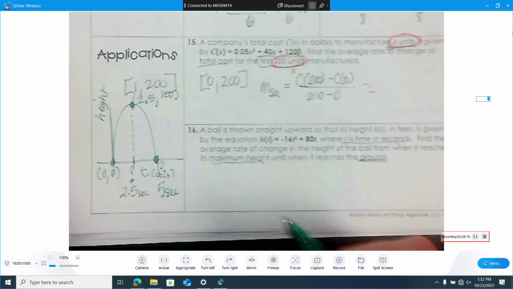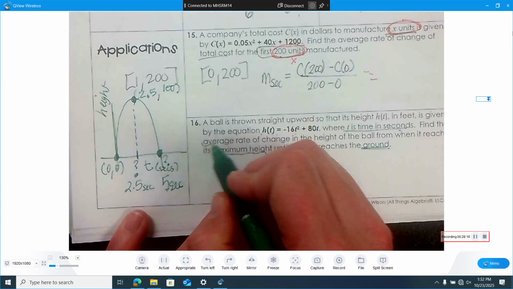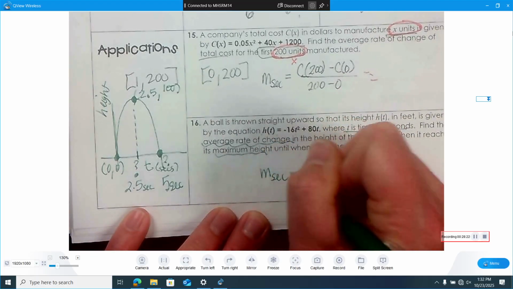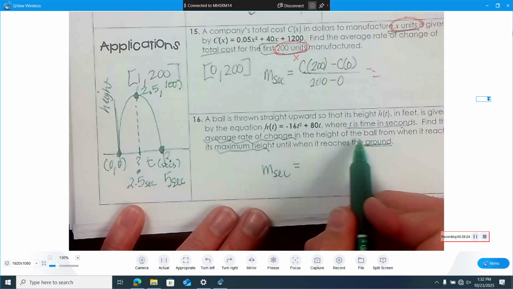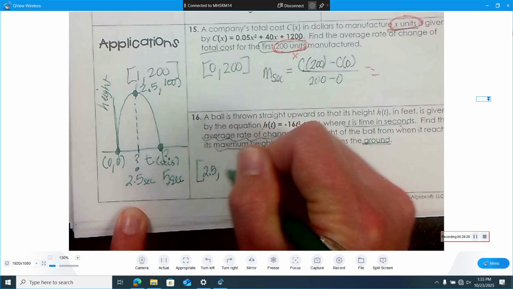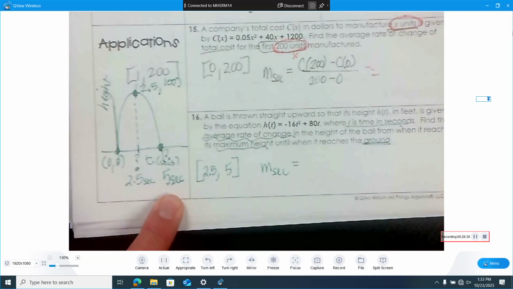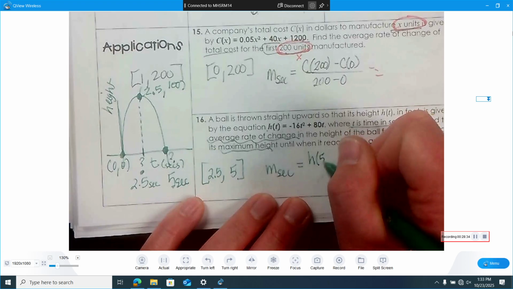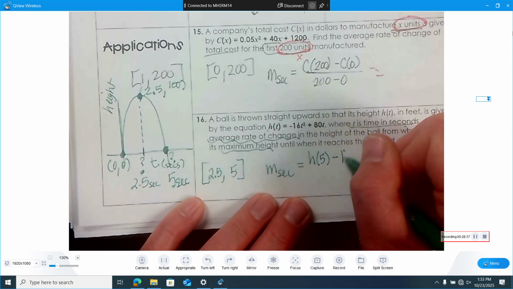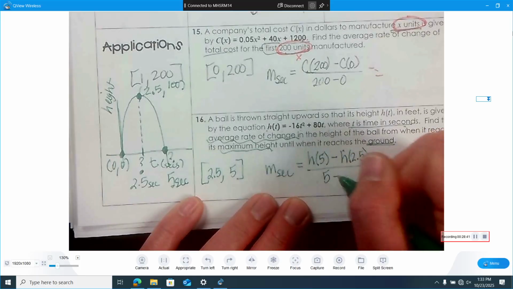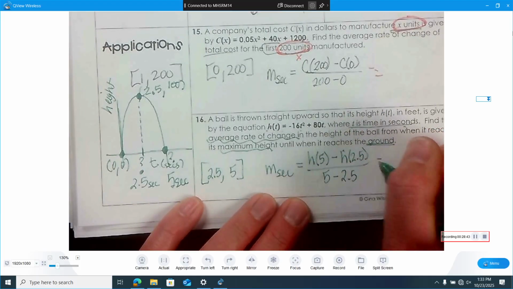So we want to find the average rate of change. Again, that is the slope of the secant on the interval from 2.5 seconds to 5 seconds. All right, so we want the height at 5 seconds minus the height at 2.5 seconds, over 5 minus 2.5.